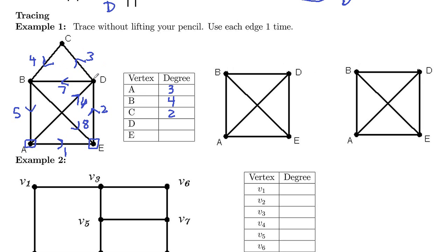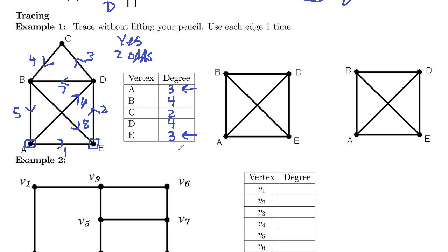D has degree 4. Remember, the degree is the number of edges that attach to the vertex. And then E has 3 edges attached. So notice here we've got 2 vertices of odd degree. So here we have 2 odds, and this one was a yes, we can trace it.